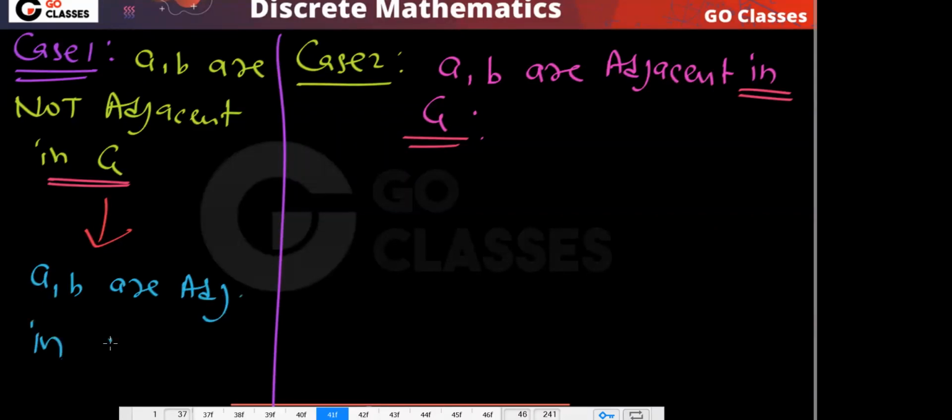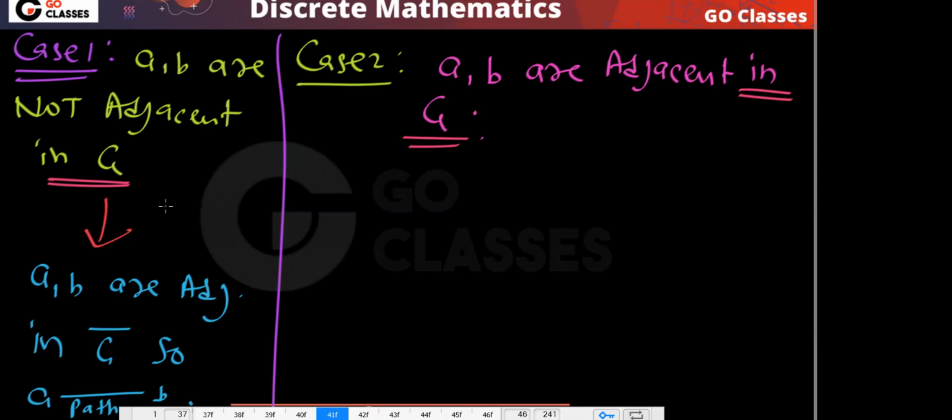So there is a path between A comma B. So this case is done. Yes or no? This case is over.